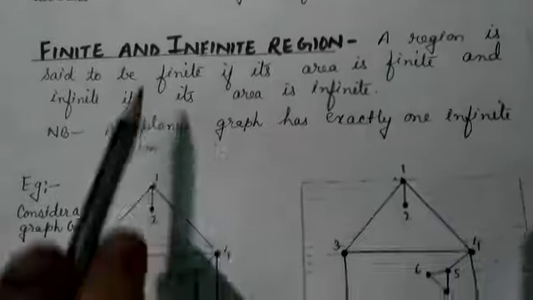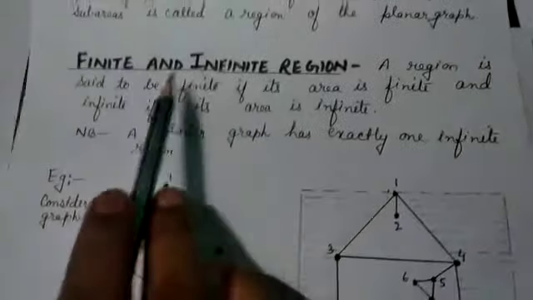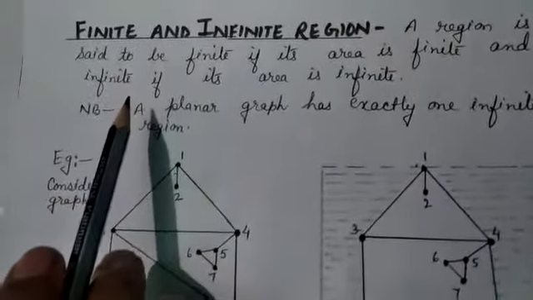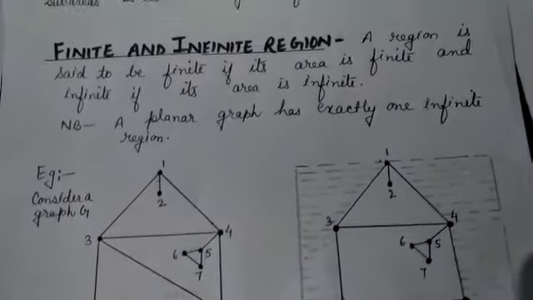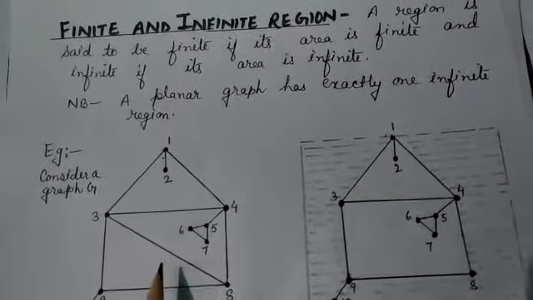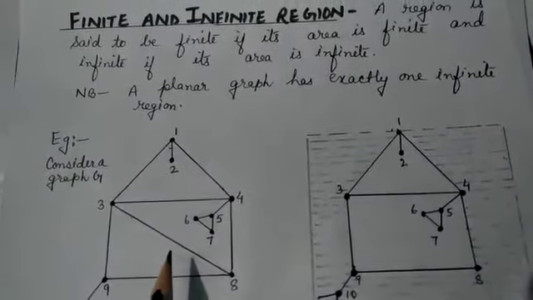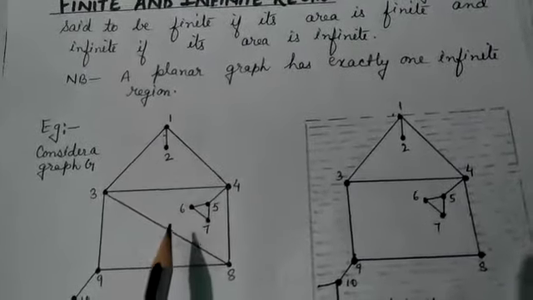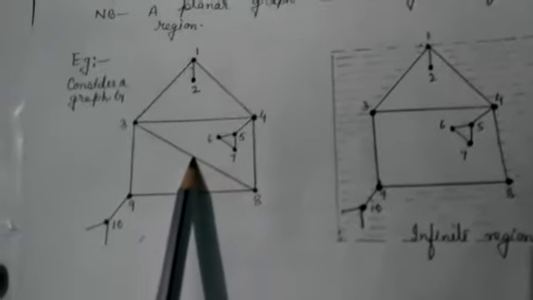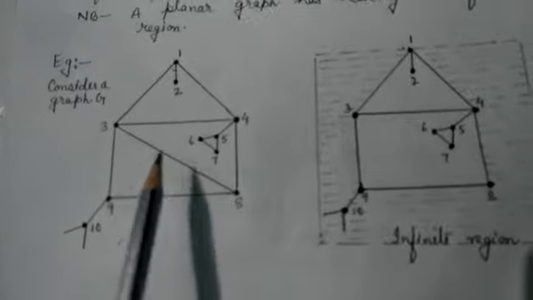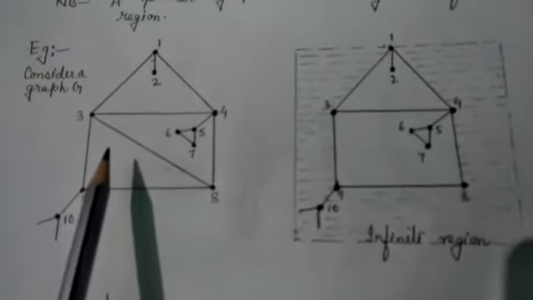Regions are of two types, finite and infinite region. A region is said to be finite if its area is finite, and infinite if its area is infinite. If we have a planar graph, it has exactly one infinite region.